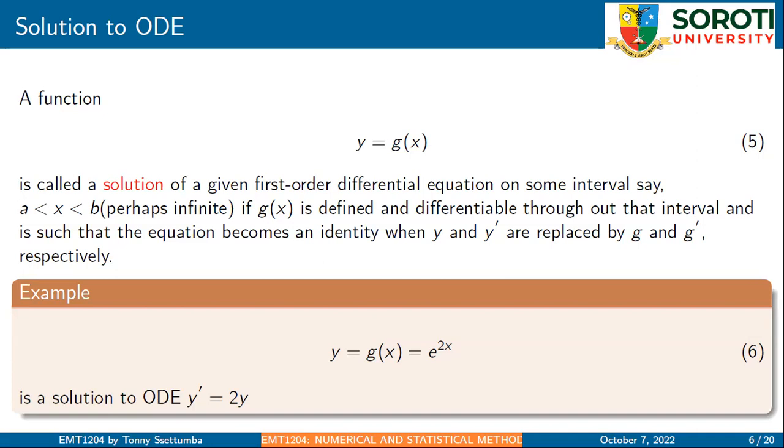If the function g(x) is defined and differentiable, last semester I think you did something in calculus, throughout that interval, then the equation becomes an identity when y and y dash are replaced by g and g bar. For example, equation 6 is a solution to the ODE y bar equal to 2y.